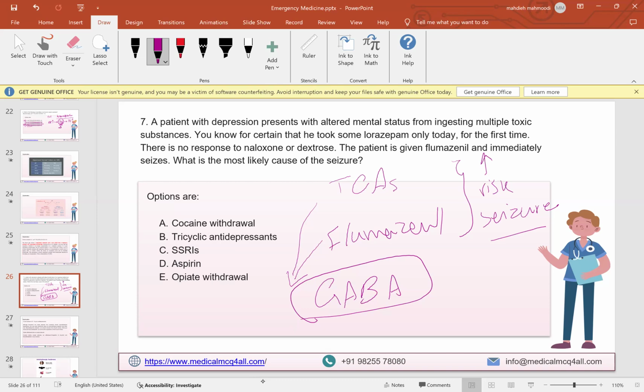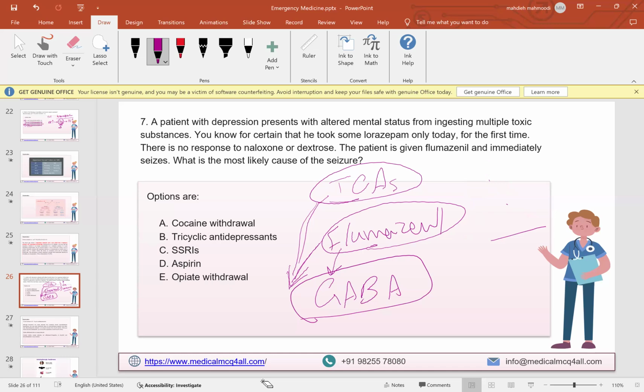Inhibitory means it works against seizure, puts you to sleep. So both of them work against GABA. Mostly TCA prones you to seizure. Flumazenil inhibits this GABA, and the combination of them increases the risk of seizure substantially. Clear?